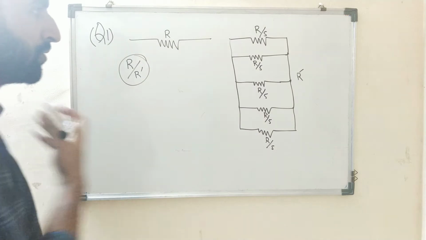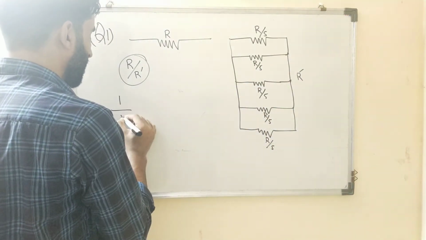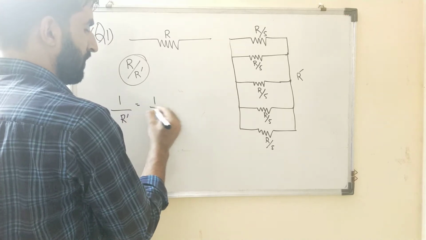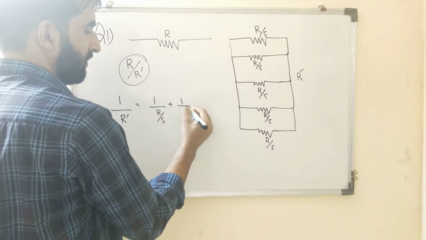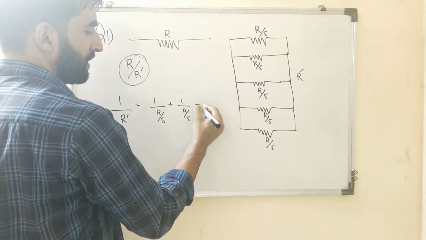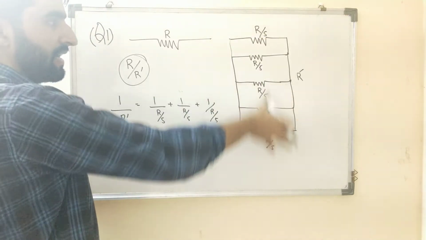So we will find the net equivalent resistance R dash. 1 by R dash will be equal to 1 divided by R by 5, plus 1 divided by R by 5, plus 1 divided by R by 5, plus 1 divided by R by 5, plus 1 divided by R by 5, because these are 5 resistors connected in parallel.